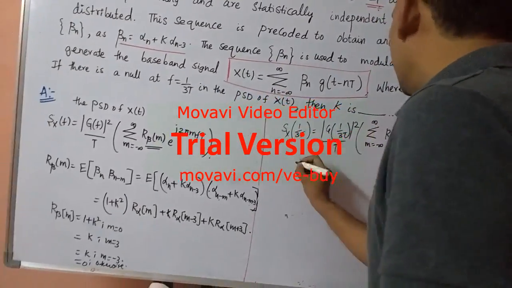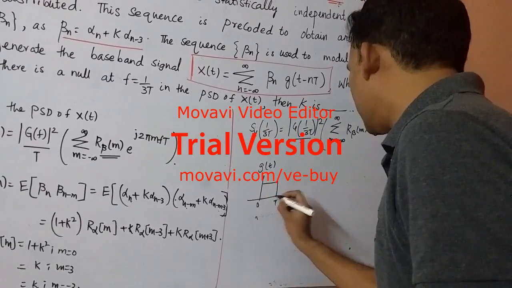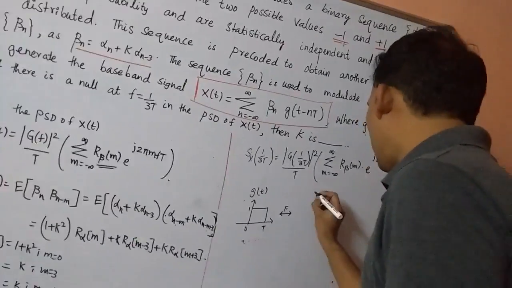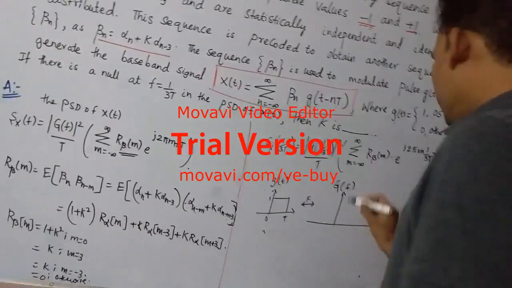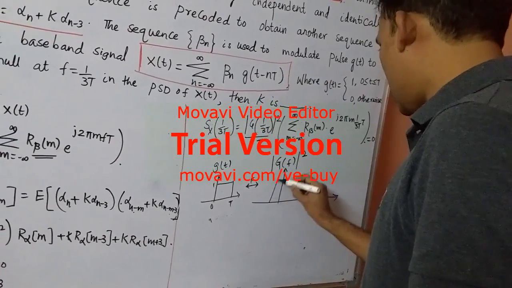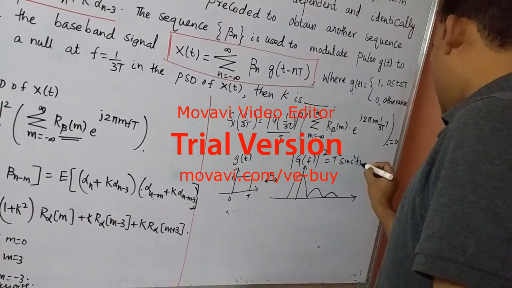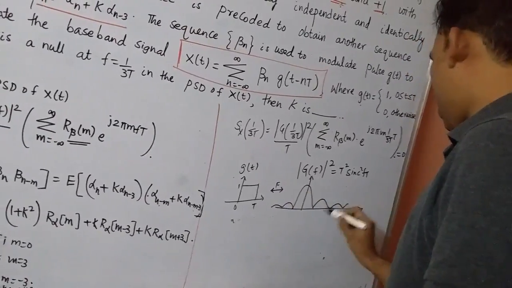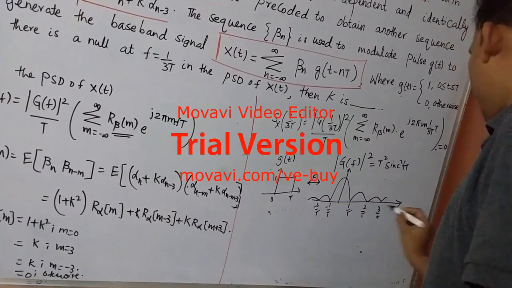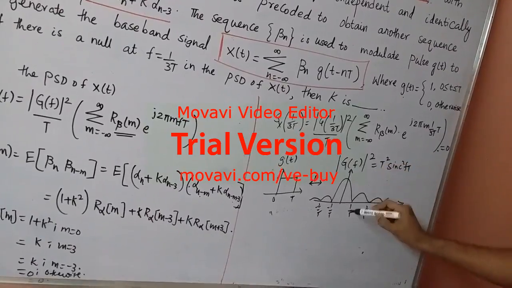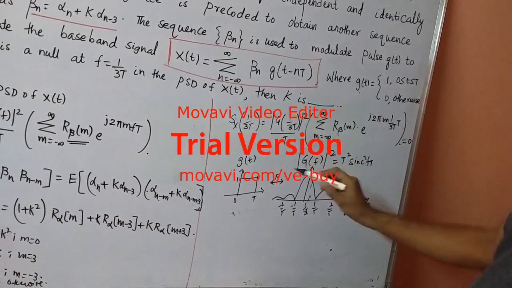If g of t is a pulse which has a value 1 from 0 to capital T, then its Fourier transform capital G of f, mod G of f whole square, is equal to T square into sinc square fT, with zeros at 1 by T, 2 by T, 3 by T, minus 1 by T, minus 2 by T. So at f equal to 1 by 3T, the mod G of f value cannot be 0.